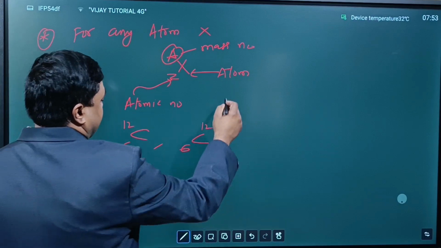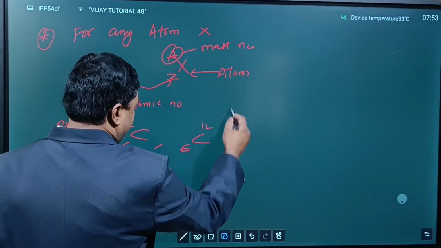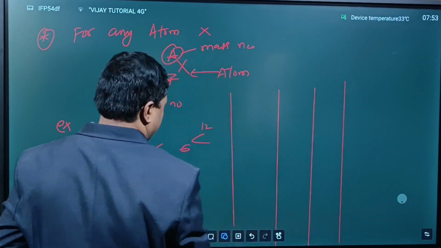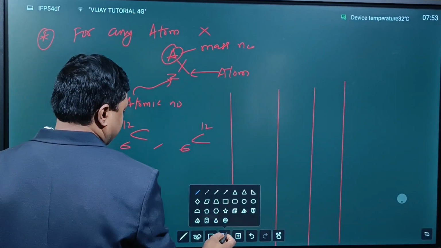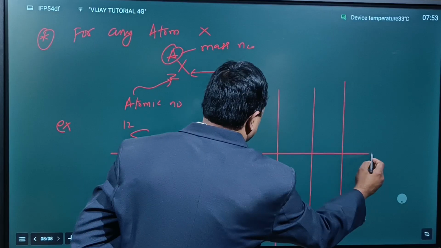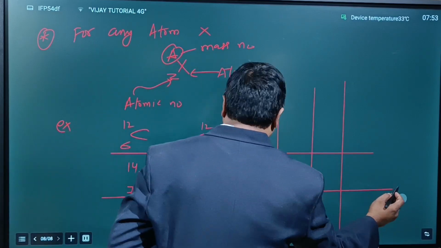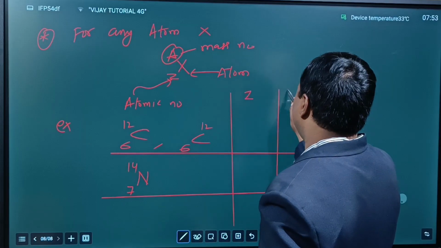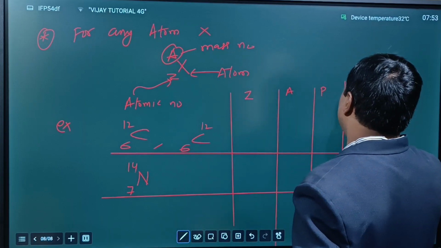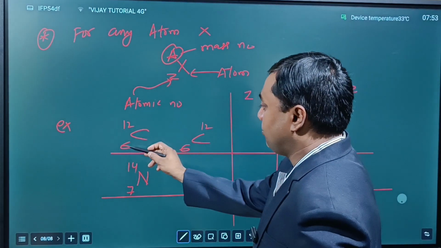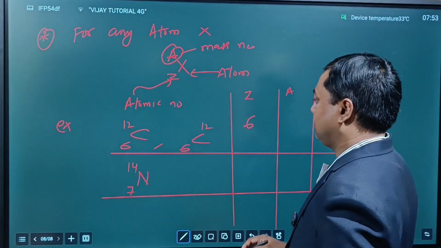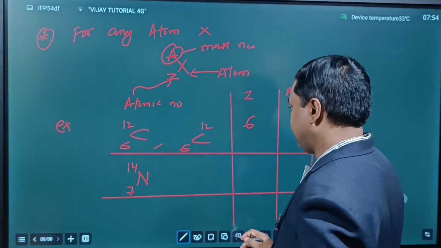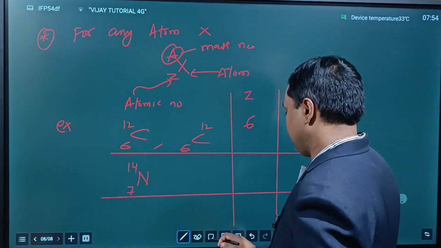Try to understand what this means. What is Z? Atomic number, mass number, proton, electron. Z atomic number is 6 here. Only one I am taking. This one you can erase.